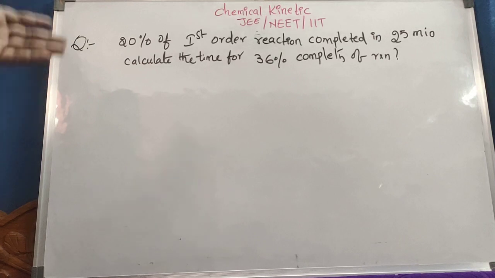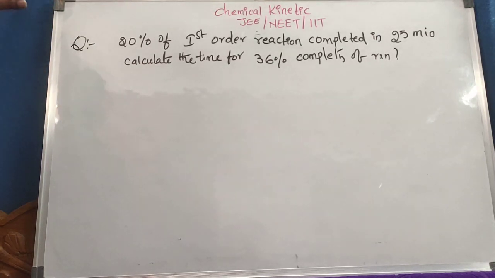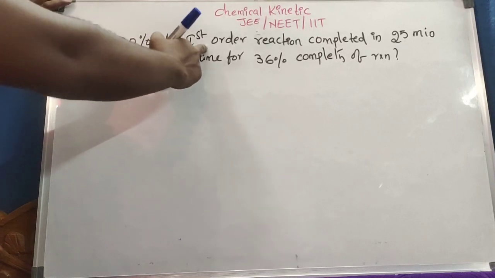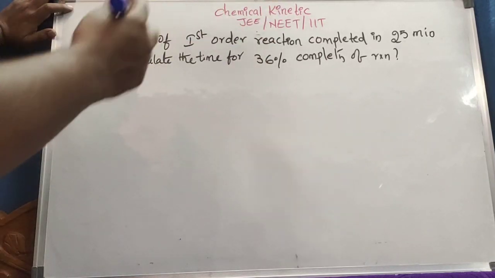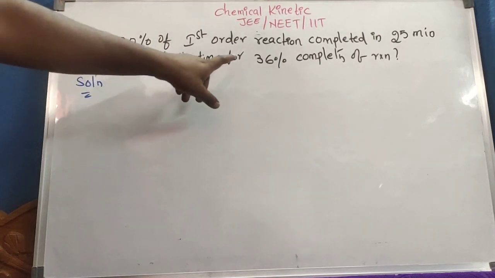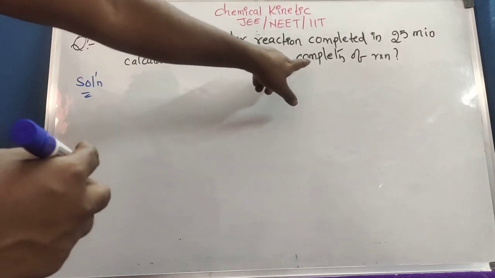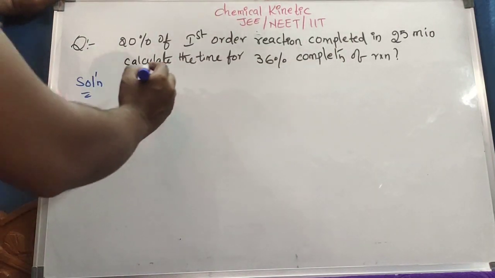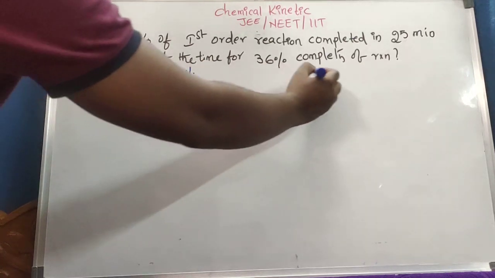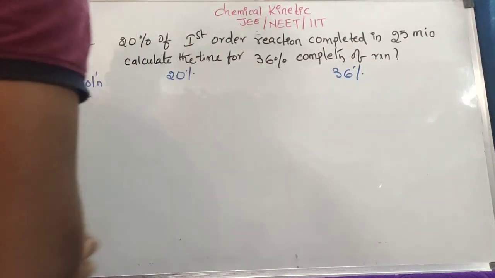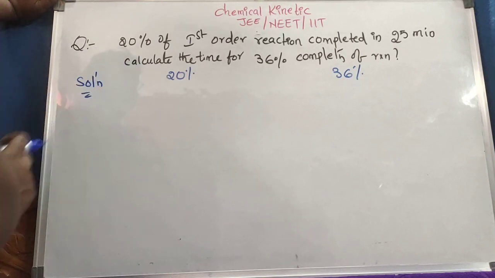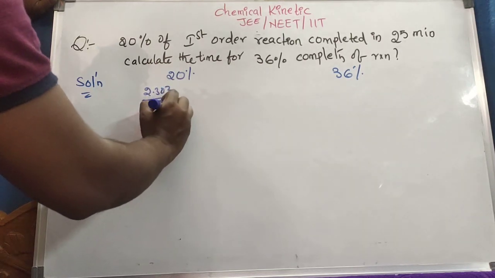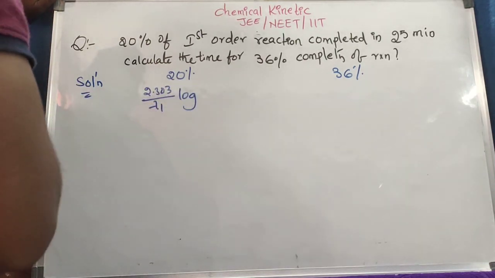And the next question is also a related question. The solution is again the same: 20% of a first order reaction is completed in 25 minutes, and calculate again the time for 36% completion of the reaction. So the difference is 20% and 36%. It is x equals 20% and x equals 36%, and 2.303 by t1 log A by A minus x, that is our first order reaction.